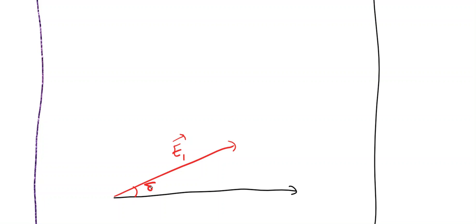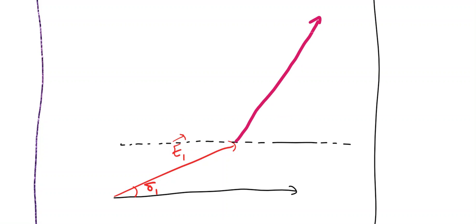The angle I'll consider to be delta 1, and then on top of it I'll consider the second phasor E2, which is taken at delta 2.